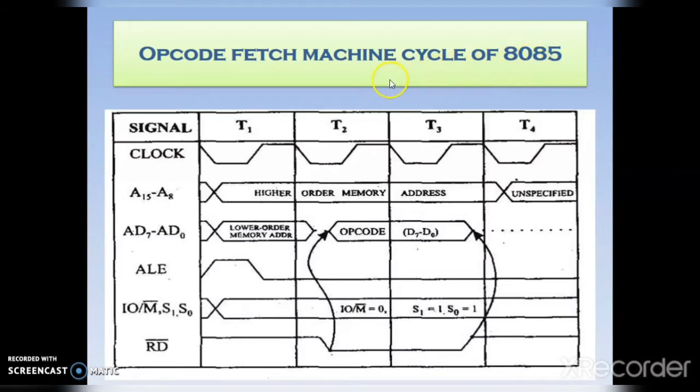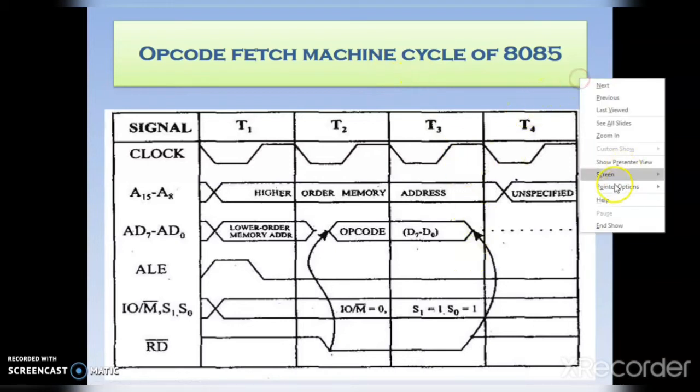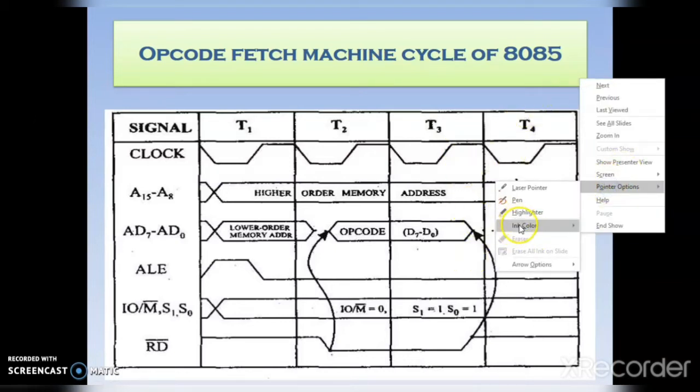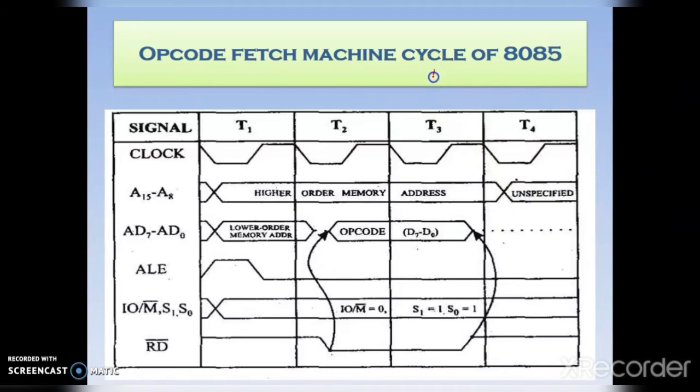In the 8085 microprocessor, we have a different set of instructions. For example, consider MOV A, B. This is one of the instructions in the 8085 processor.